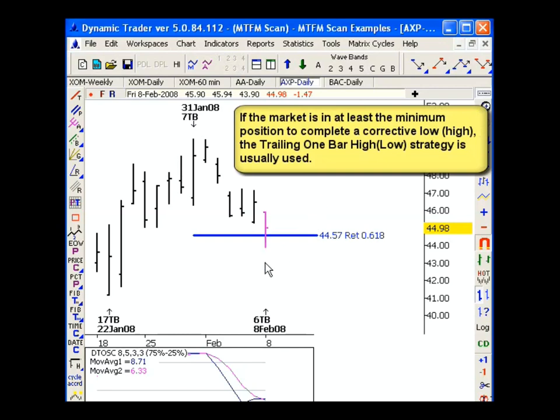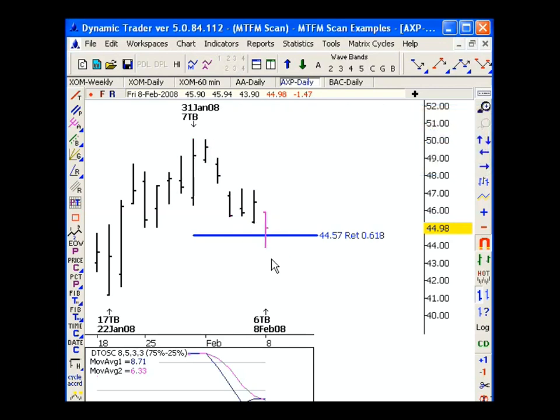So for instance, here our entry strategy could probably be, and probably would be, the trailing 1 bar high in the daily data. That would be our entry strategy under the assumption that more than likely this market would continue higher and take out this swing high. Well, given that it's in the position that's typical for a corrective low, we really don't need to wait for it to take out this swing high before we enter. We can do it much closer to the market.